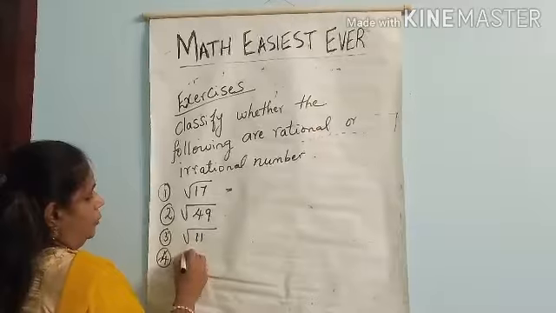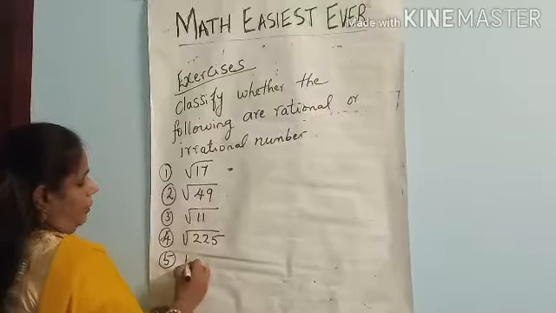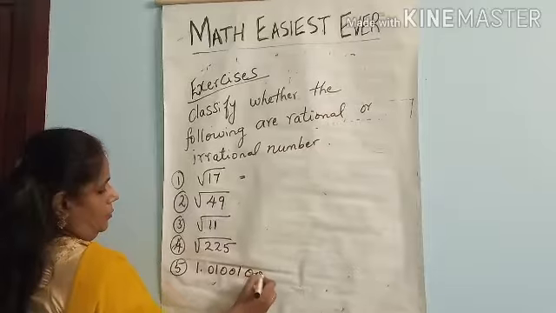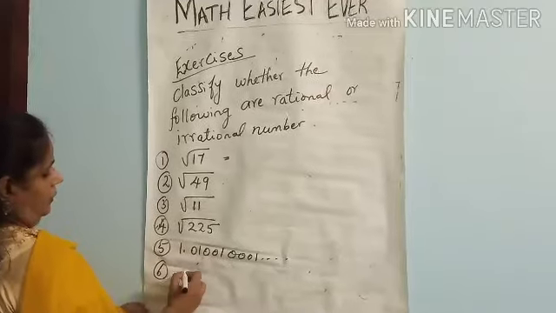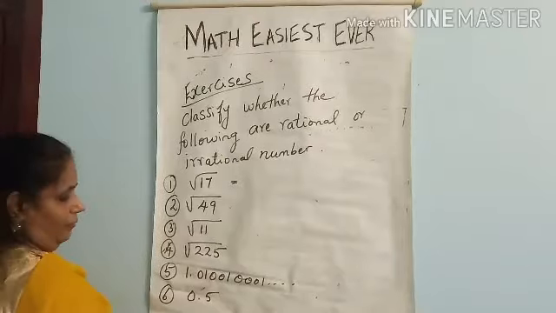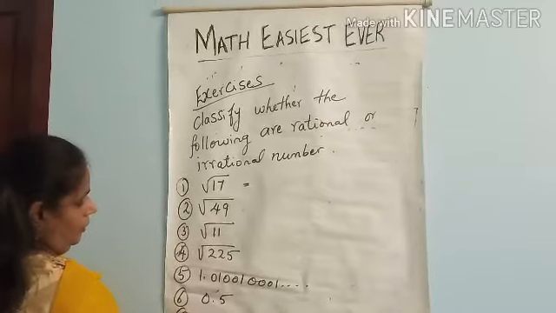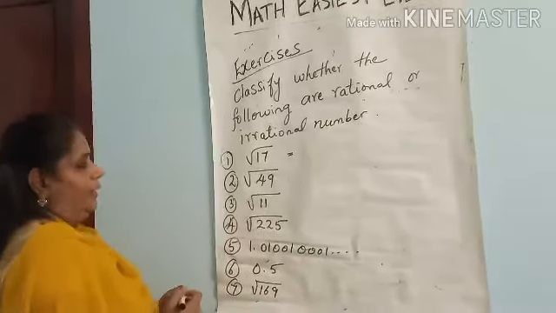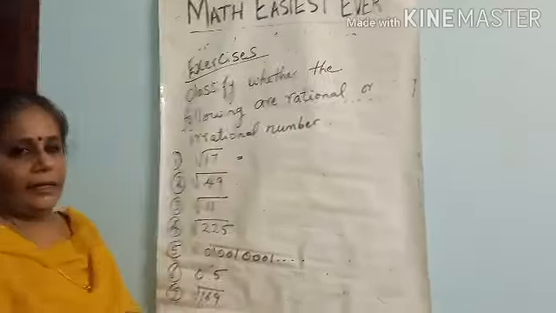Fourth one, root 225. Fifth one, 1.010010001, etc. Then next one, 0.5. Think and write whether it's a rational or irrational number. Then root of 169. Work out all of this and find out whether they are rational or irrational numbers.